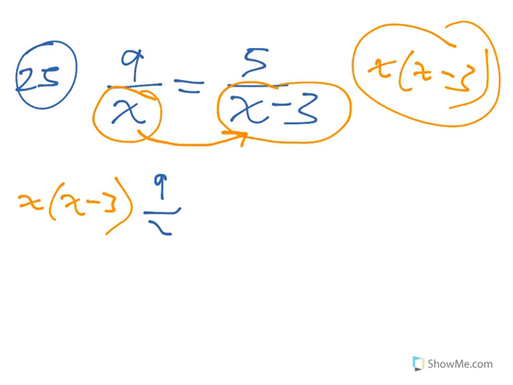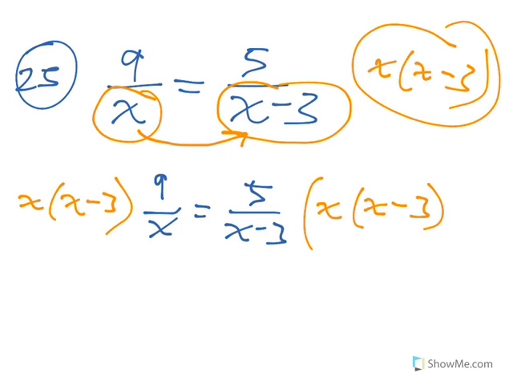Okay, this may seem a little confusing, but you will see where we're going with this. I should actually make this parentheses going the other way, like that. Okay? Now, what happens here is that the x and the x cross one another out.